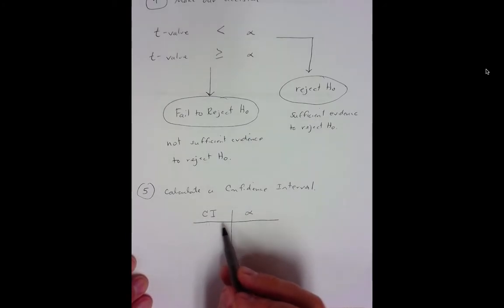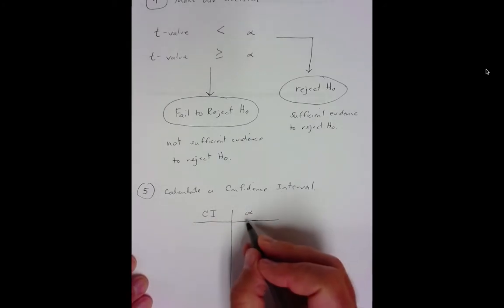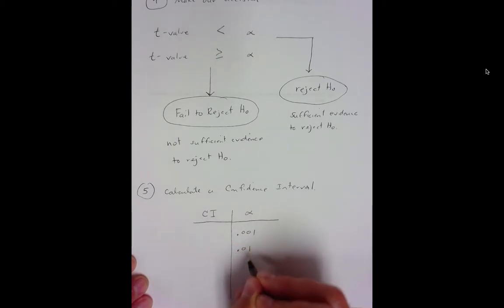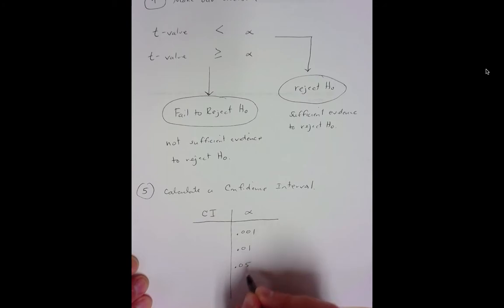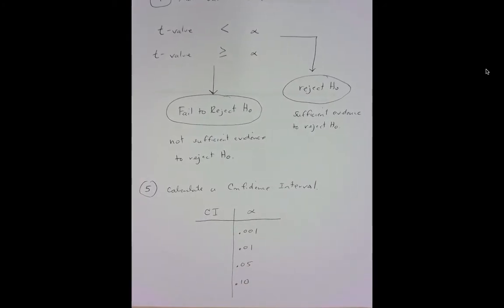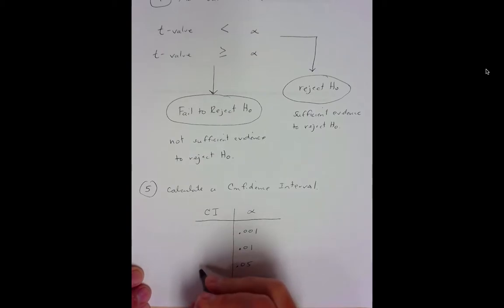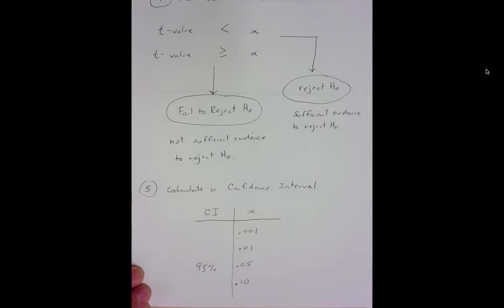If we have a confidence level, let's go to our alphas. Our alpha, as I said earlier, will almost always be one of these 3 values. If we have an alpha value of 0.05, we're going to calculate and report a 95% confidence interval.